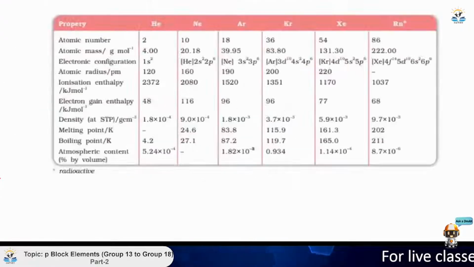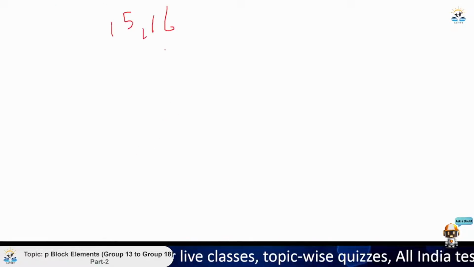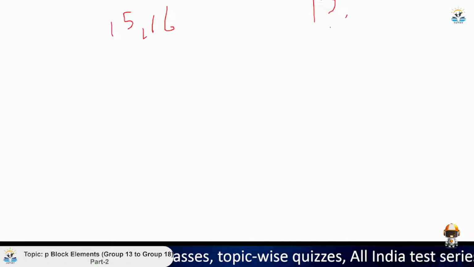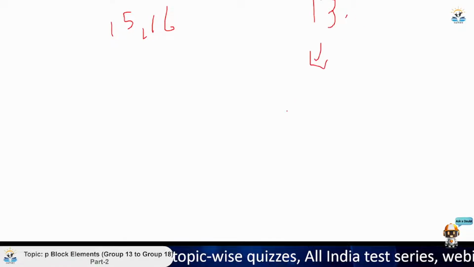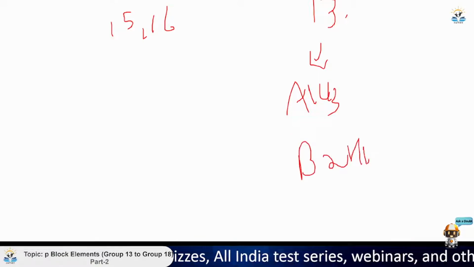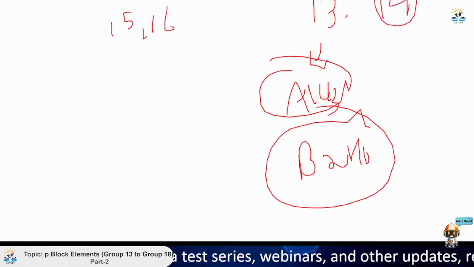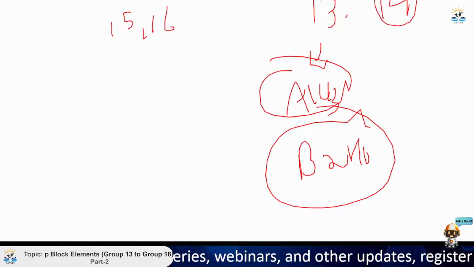Let's talk for a minute about what questions are mostly asked. Mostly they come from group 15 and 16. If a question comes from group 13, it is generally on AlCl3 or diborane B2H6. For group 14, it's mostly on carbon, silicon, and silicates.